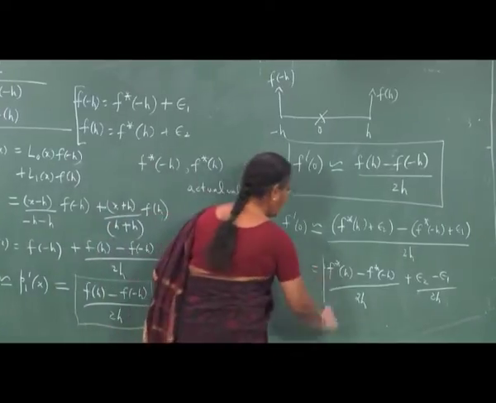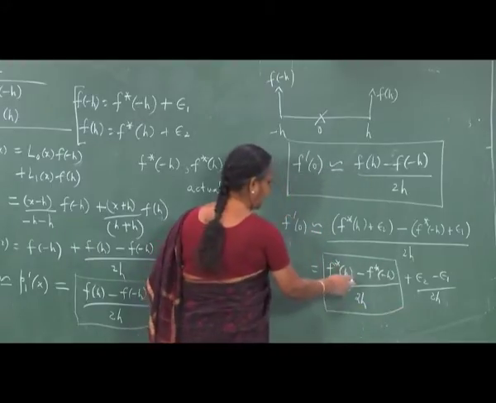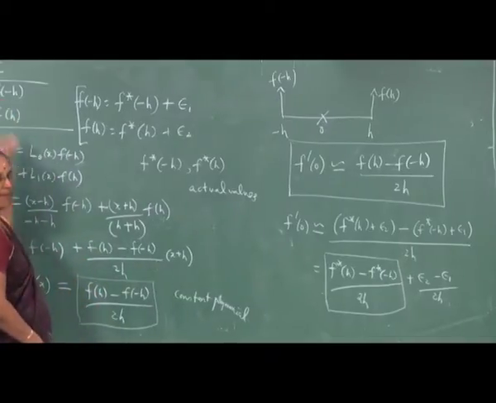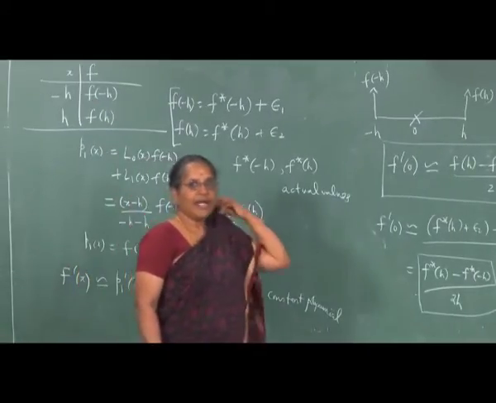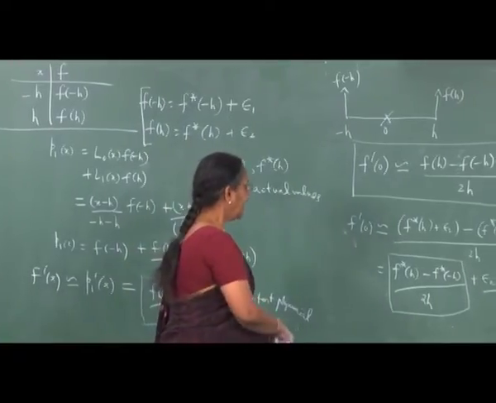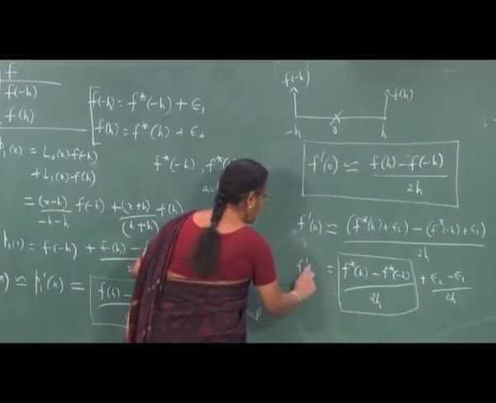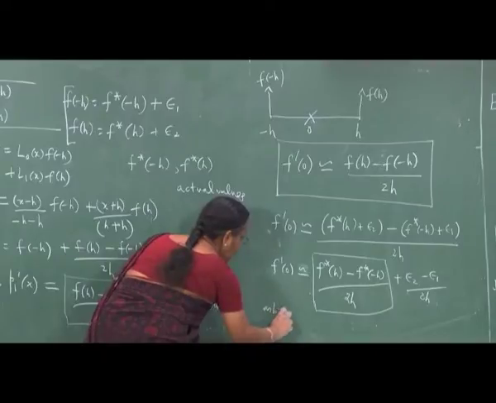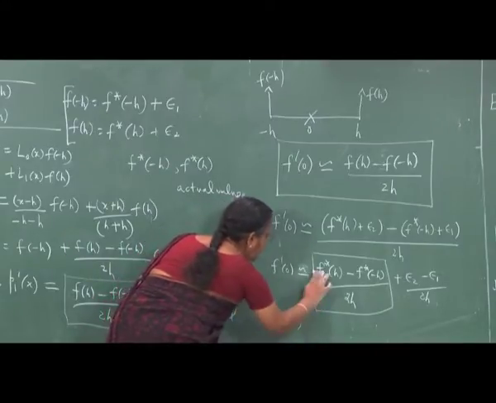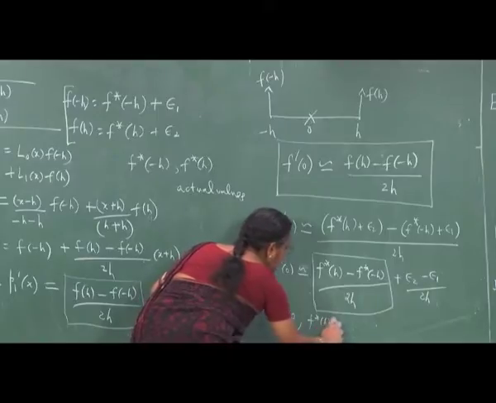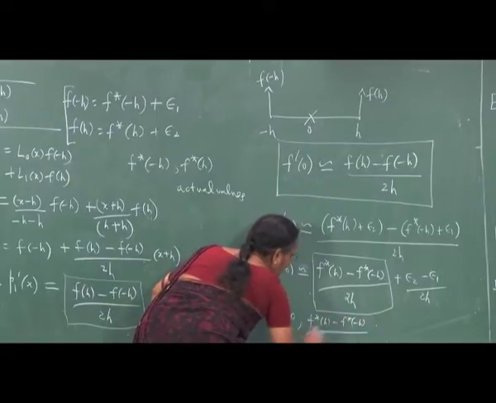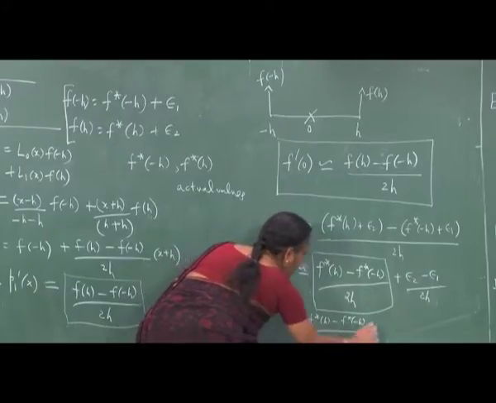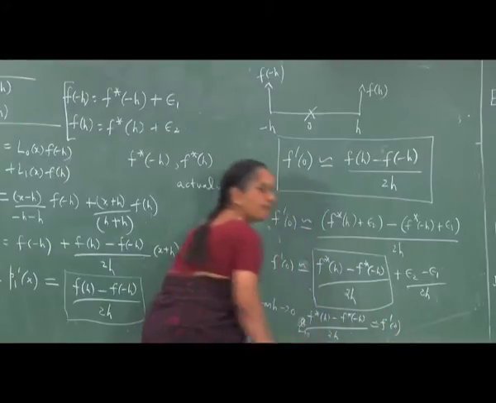Recall, f star of h and f star of minus h are the actual values which must have been given to us in the table of values. But there were some round off errors, and so f dash of 0, which is estimated as this, is such that as h goes to 0, the first term f star of h minus f star of minus h by 2h in the limit as h goes to 0 will give you f dash of 0.